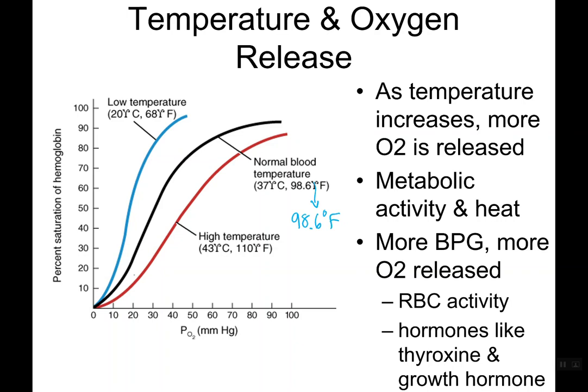And higher temperature is either indicative of fever and therefore metabolic activity, or just metabolic activity in general. So maybe you're exercising more and your skeletal muscles are demanding more, or maybe you're shivering, or maybe it's just hot out. So higher temperatures cause more BPG, but also they just cause hemoglobin to tend to let go of oxygen more readily. So it's a combination of both.